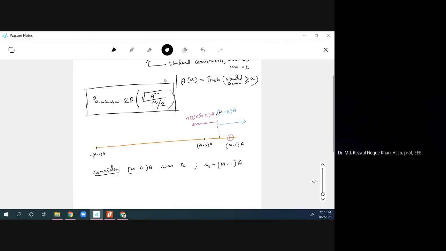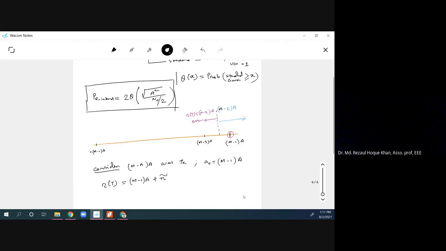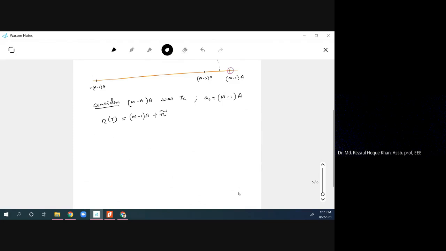This was the right detection, right? Then rt, the received signal, will be the transmitted constellation point plus the noise. So what is the error condition?